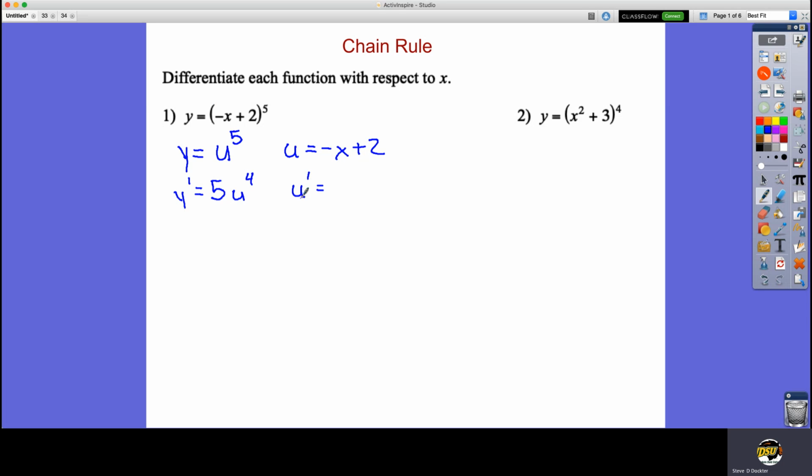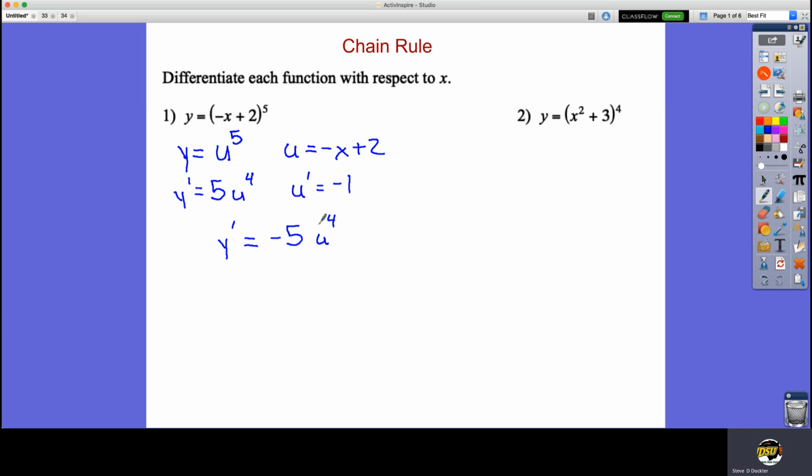What does that become? Negative 1. All right, so we've got two things left to do here. Once we find the derivative of each one of these parts, then we have to multiply these parts together. So our new y prime would be negative 5u to the fourth.